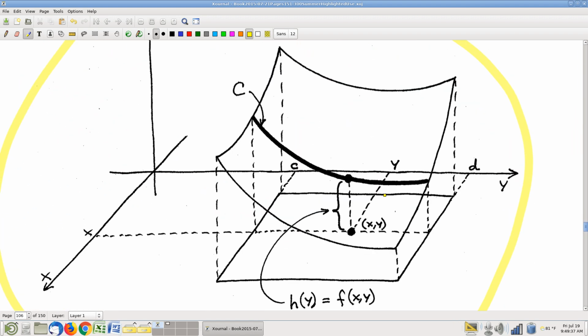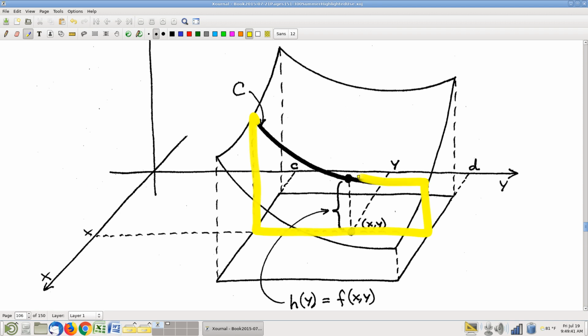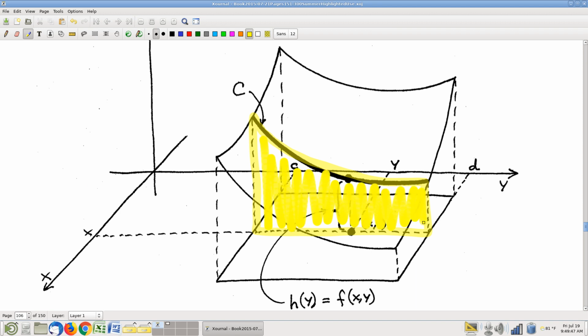Let's look at this cross-sectional area again. If I look at that cross-sectional area, that cross-sectional area is the area under a curve. And that phrase rings a bell, right? Area under a curve is an integral. We can compute that area with an integral.